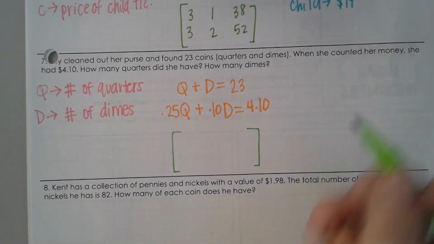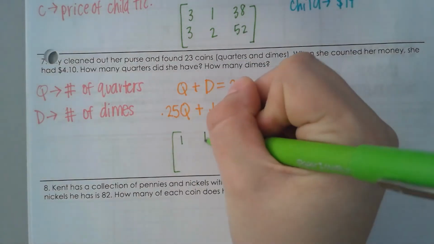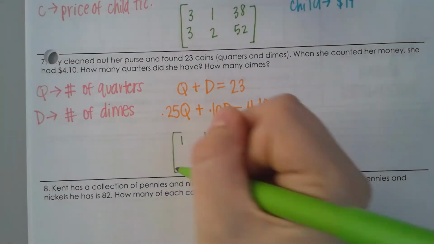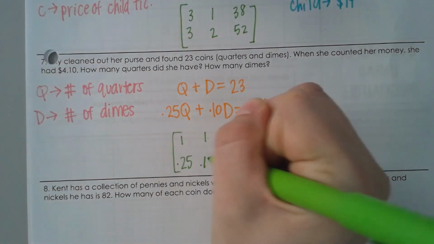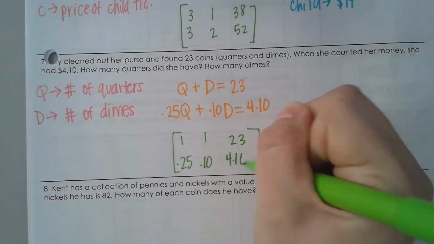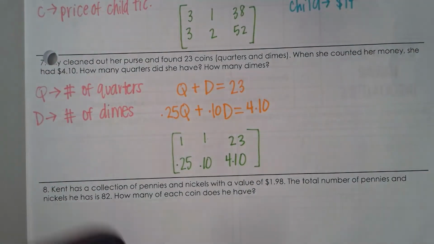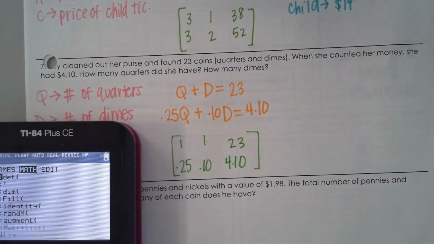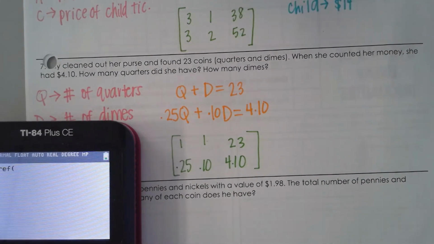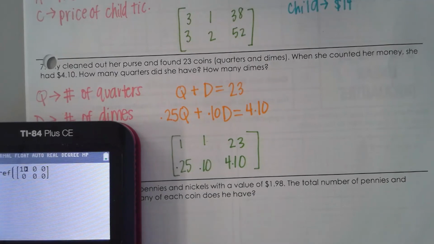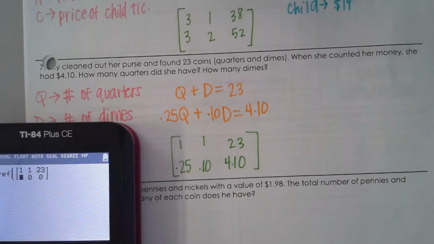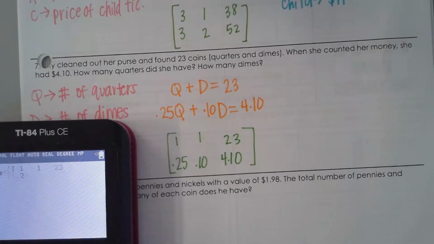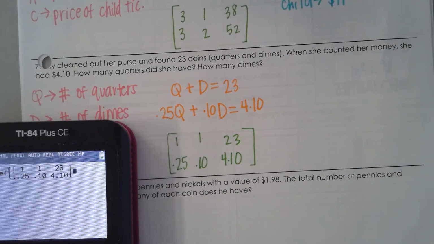So in my matrix, I use 1, 1, 23. Okay, hold on. I'm not there yet. And then 0.25, 0.10, and 4.10. Would it make sense to have a decimal on this one? No, because you're not going to have a part of a quarter.